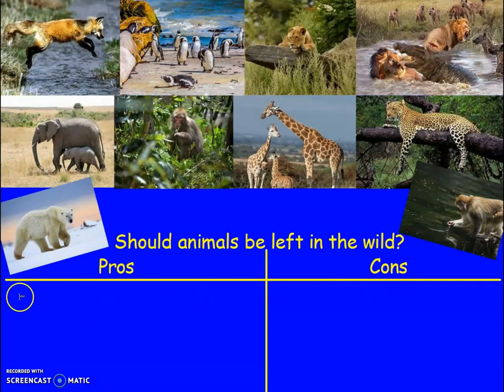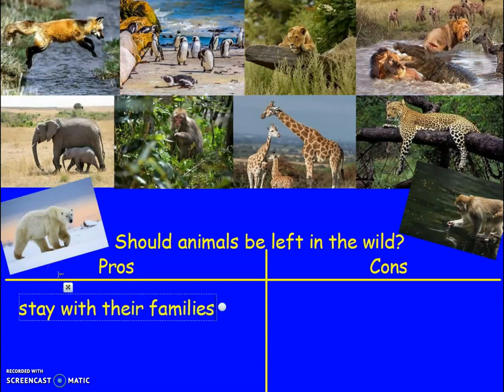I think the biggest positive of animals being in the wild are that they can stay with their families, okay? They're not taken away from their families to be in zoos. I think that's a really big positive, okay? One of the negatives could be that they have to find their own food.